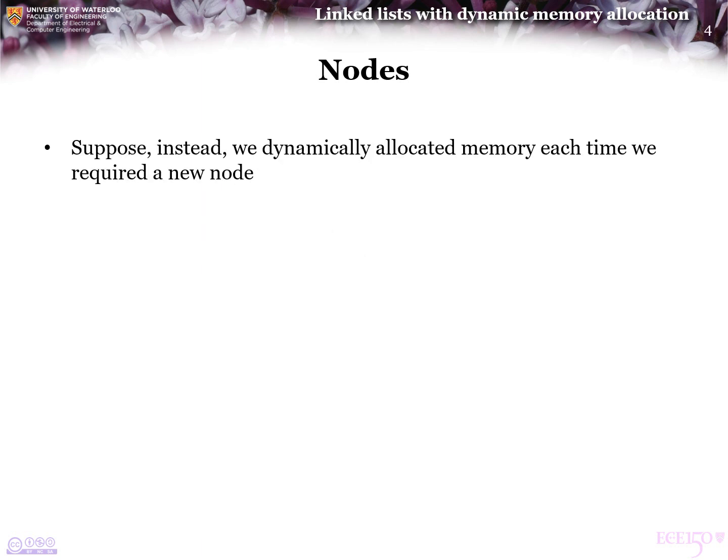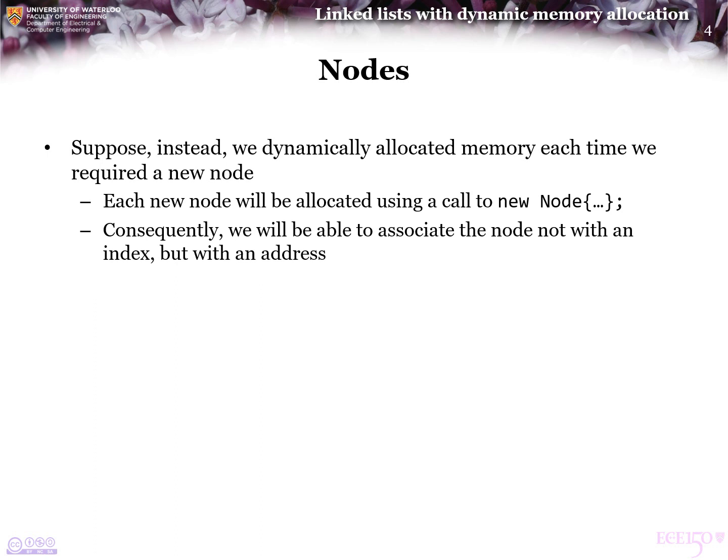Now, suppose instead we dynamically allocate memory each time we require a new node. So basically, if we require a new node, rather than finding an unused node in the array, we just call new node with appropriate arguments.